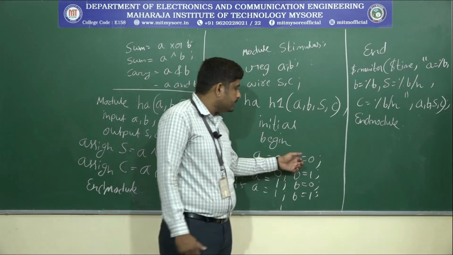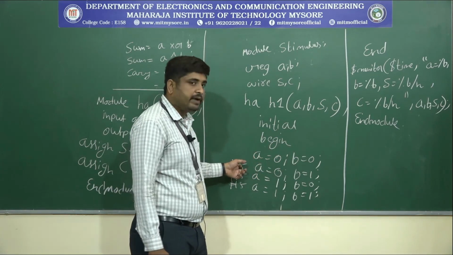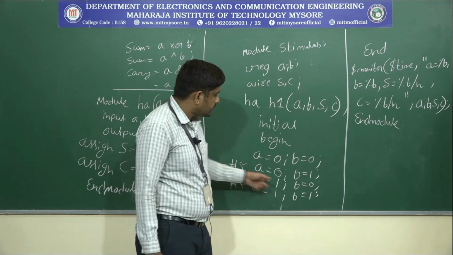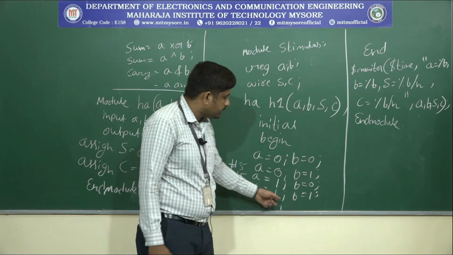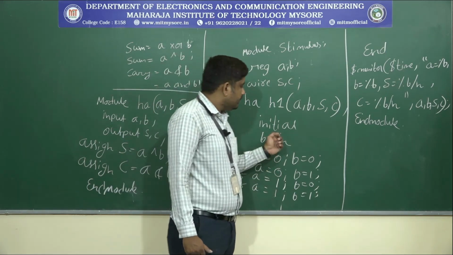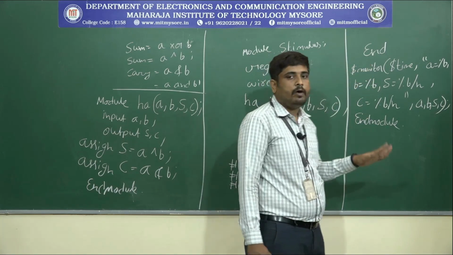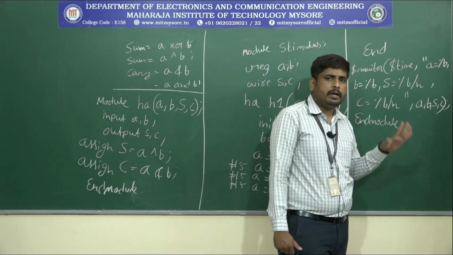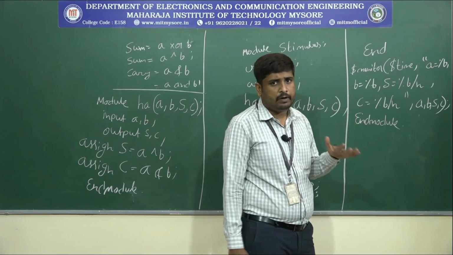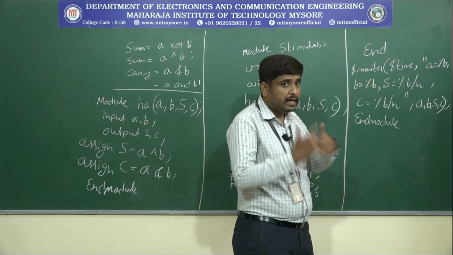A is equal to 0, B is equal to 0, that initializes the data. Then after 5 nanoseconds 0 1, again after 5 nanoseconds 1 0, after 5 nanoseconds 1 1. There are 4 combinations. Once it is done, the begin is always paired with end, that is a keyword. Next we have to monitor the current information, and the simulation time is a very important one. We have to monitor the current operation, so that's why we directly go to $monitor.